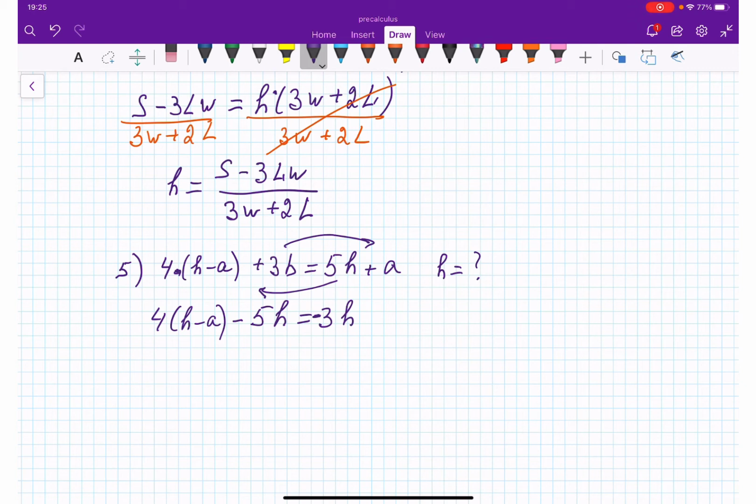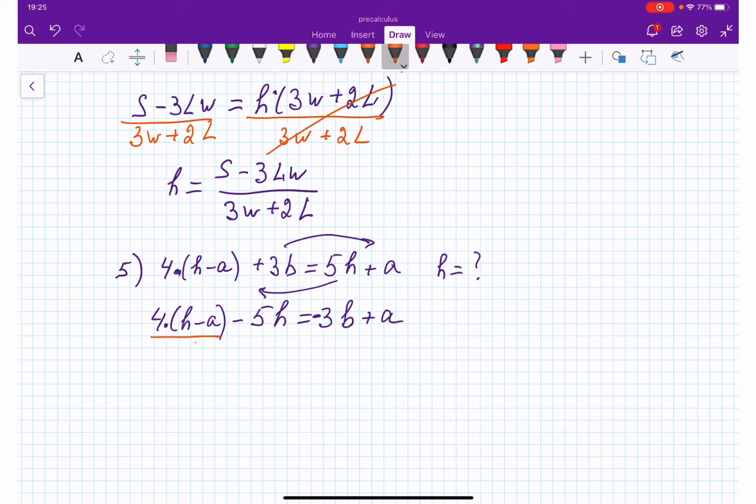3b plus a. Okay, next step. I need to divide by 4. Okay, so if I get rid of 4, my h minus a, I can take off parentheses, right? So let's divide by 4, but I have to divide across the equation.